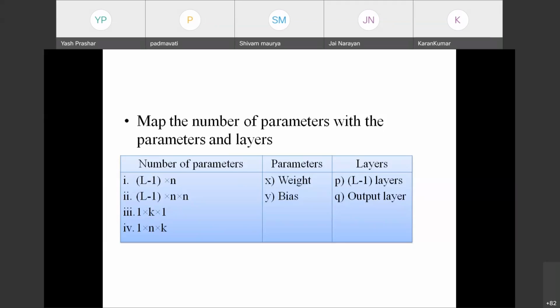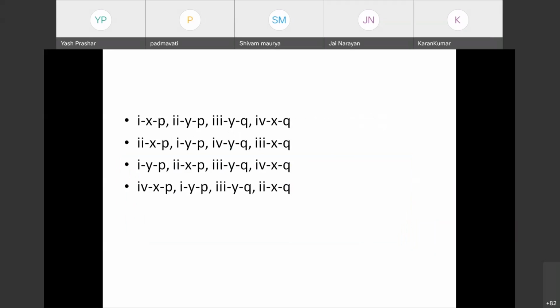Have you noted, all of you? Note down these options as well. Done? And try to map now.